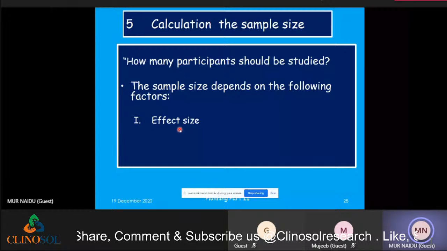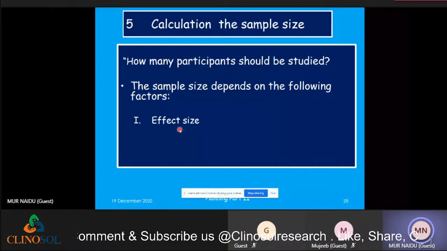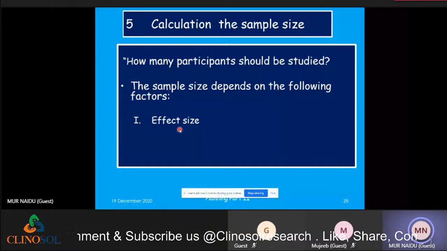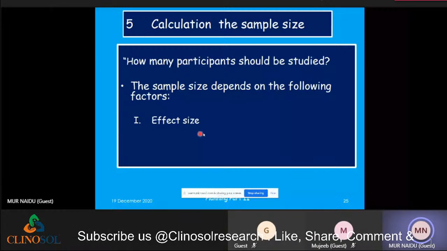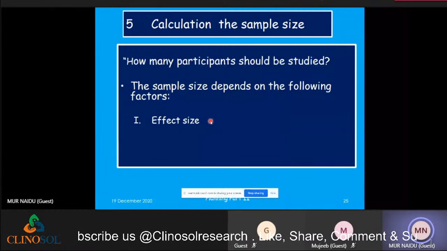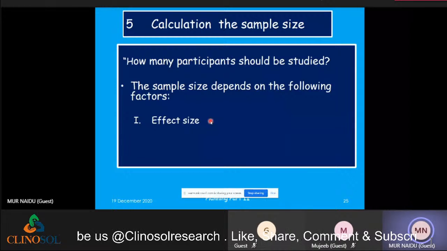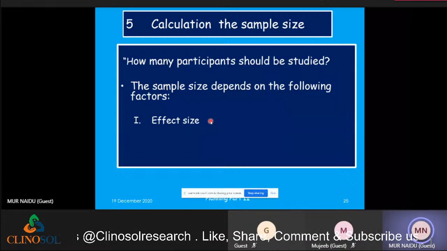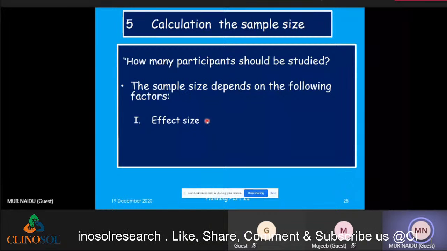So effect size becomes a very important factor for sample size calculation. Suppose you take a large population, it takes a very long time, so you need a large sample size. If your effect size is very short, suppose you say I will check only if the fall is 40 millimeter of mercury, then you need a number of patients.